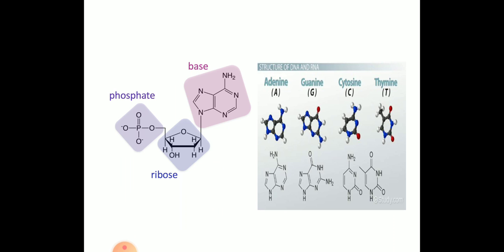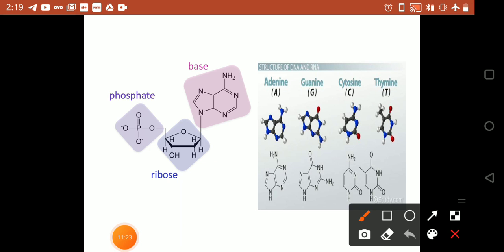In this same structure, this is the ribose sugar as the pentose sugar, and the base can be adenine, guanine or any other, and the phosphate linkage gives the bonding between them, with the N-glycosidic linkage and the hydrogen bonding also present.